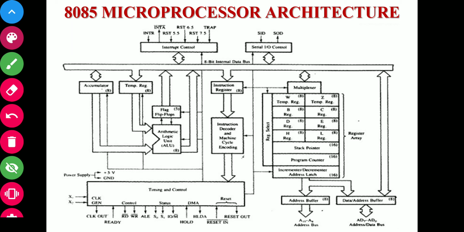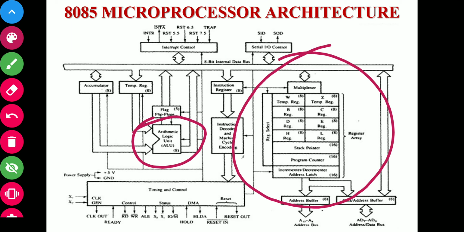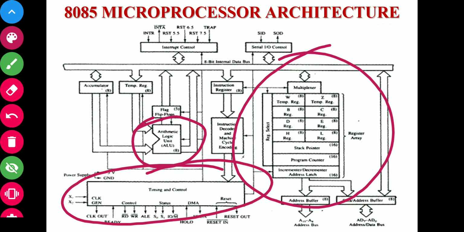Here you could see this is your ALU, the major part, and these are the register arrays which I mentioned in the previous slides. Register arrays and the timing and control unit, this is the third section, and then the input and output devices.